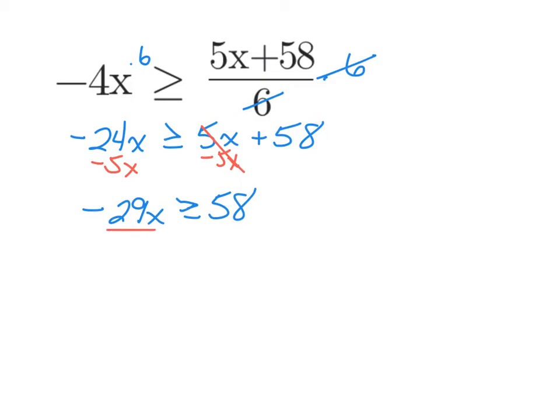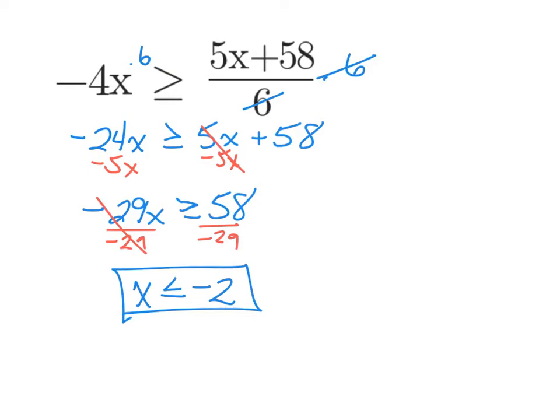To get x alone, we have to divide both sides by negative 29. Those will cancel, so we'll be left with x. And since we divided by a negative number, we'll have to switch our inequality to less than or equal to, and 58 divided by negative 29 is negative 2. So that will be our final answer.